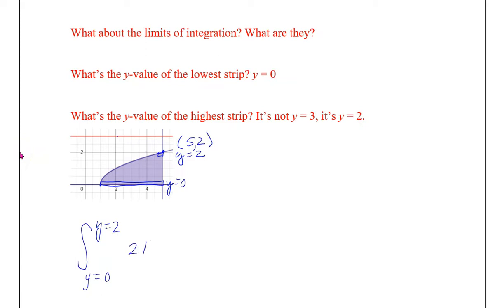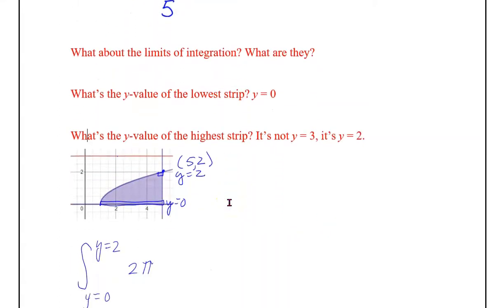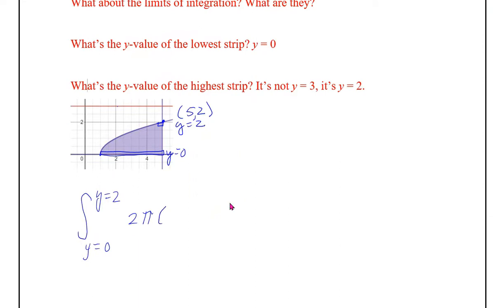We need 2 pi times the radius. Scroll back up to the picture so you can find that the radius is the value 3 minus y. Remember, everything has to be written in terms of y because the differential is dy. After 2 pi times the radius, the next thing we want is the height of the strip.